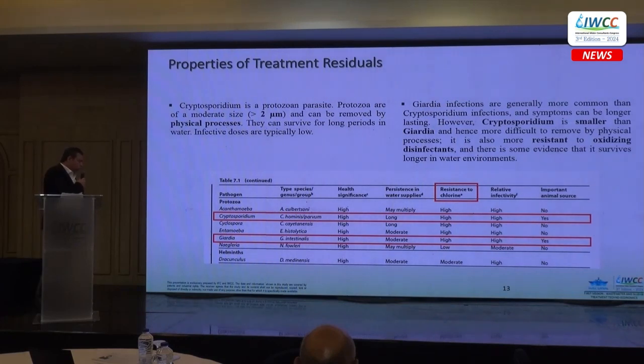According to WHO, we could see here the different types of protozoa, with the focus on Cryptosporidium and Giardia. We could see that resistance to chlorine is high for both of them, and the persistence in water supply is long for Cryptosporidium.